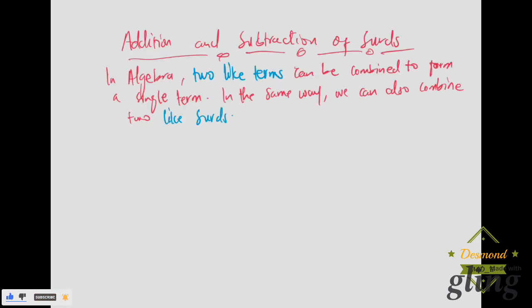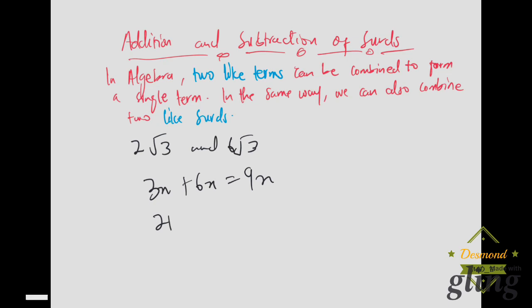In algebra, two like terms can be combined to form a single term. In the same way, we can also combine two like surds. For example, 6 root 3 plus 2 root 3 is equal to 8 root 3.